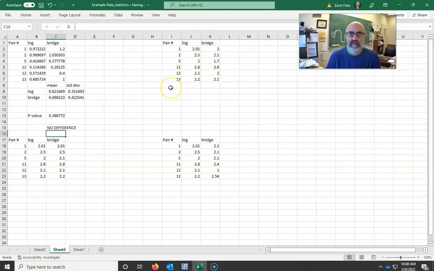The point of this is just to show you again. I'm going to go through this process one more time of calculating our means, standard deviation, p-value for logs and bridges.